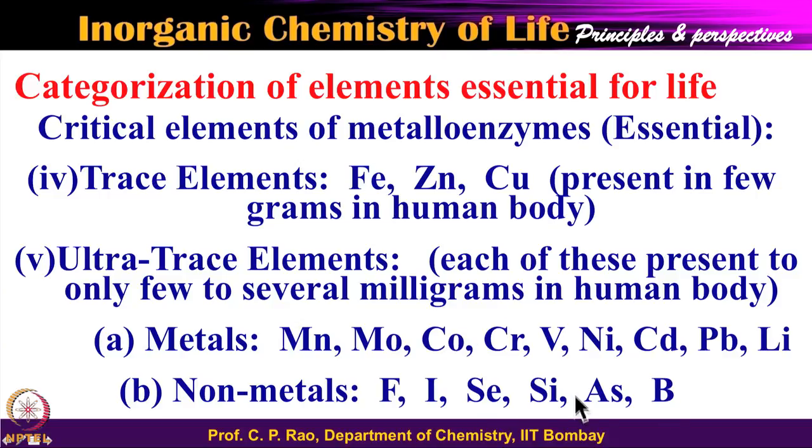So, now you understand life means it is not just the fat containing body. Life does not mean fat plus the macrominerals. Human life means the fat containing aspects, macromineral containing aspects and the trace elements.